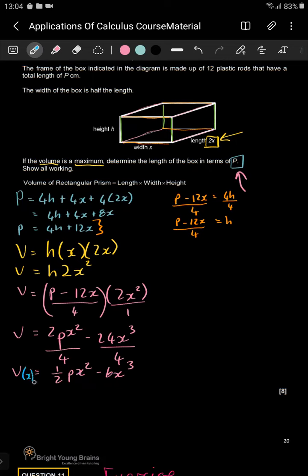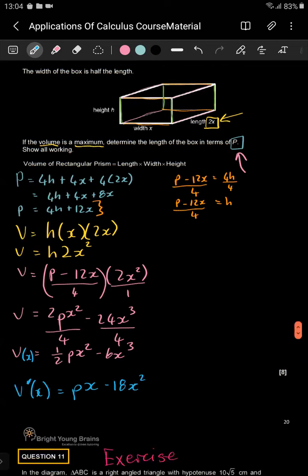The first derivative would be 2 times a half p, which is just p, and then you remove 1 from the exponent. Here, 3 times negative 6 is going to be negative 18, and then you remove 1 from the exponent, so it's squared over there.